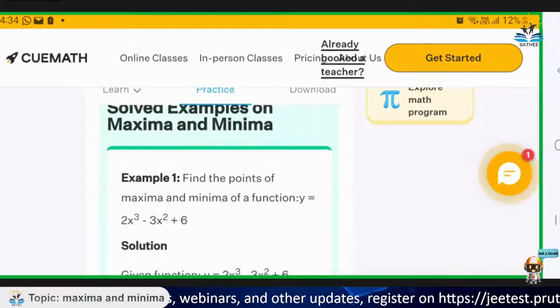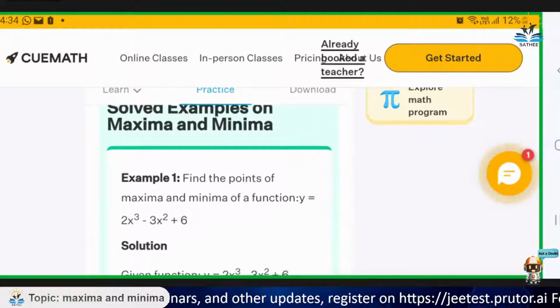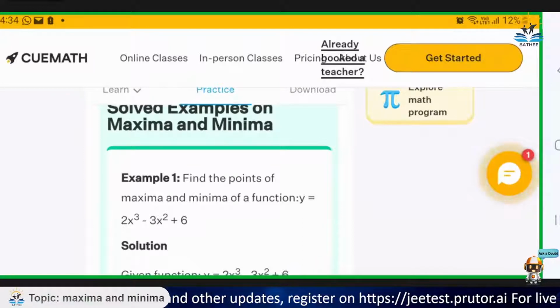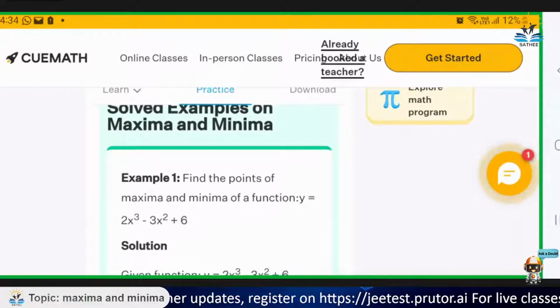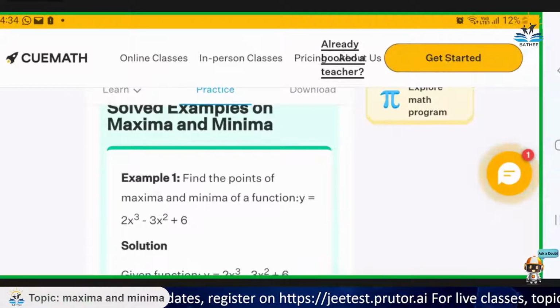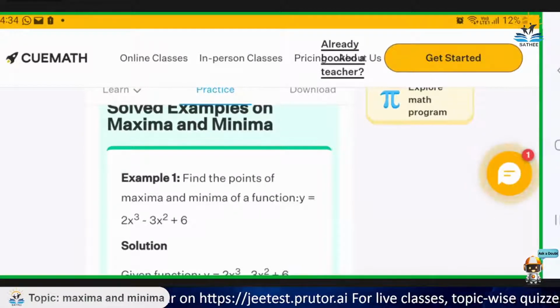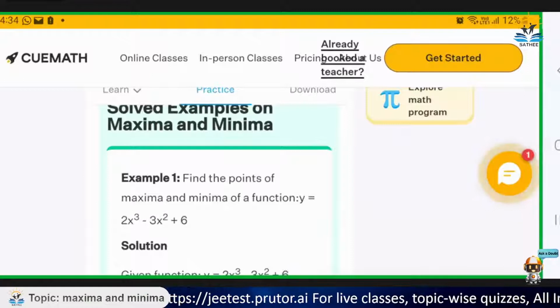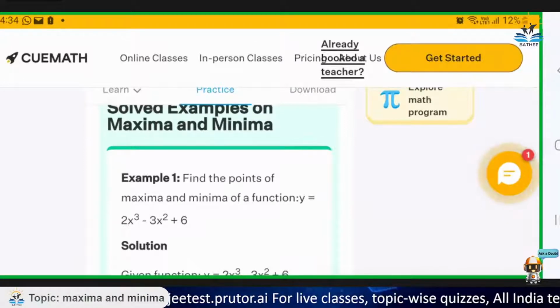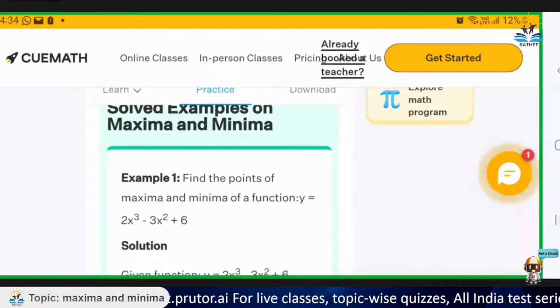Since we do not have a proper domain, we can see that at x is equal to minus infinity, the value of this function is minus infinity, and at x is equal to plus infinity, the value of this function is infinity.